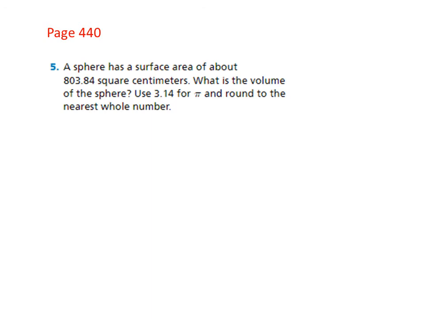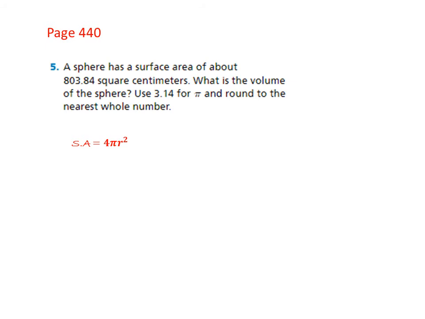No. Only the surface area of the sphere is given, 803.84 square centimeters. So, can we use the surface area of the sphere to find its radius length? Yes. So, let's begin with the formula for finding the surface area of a sphere. Yes, it's 4 pi r squared.